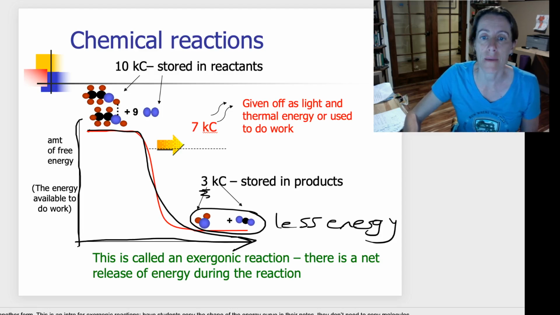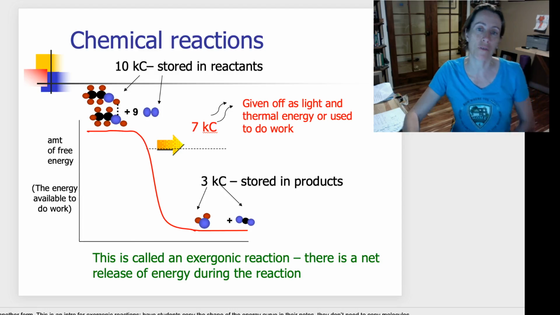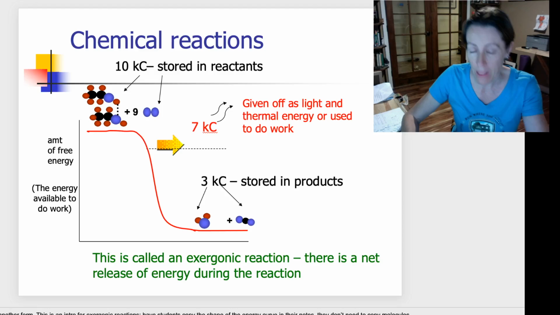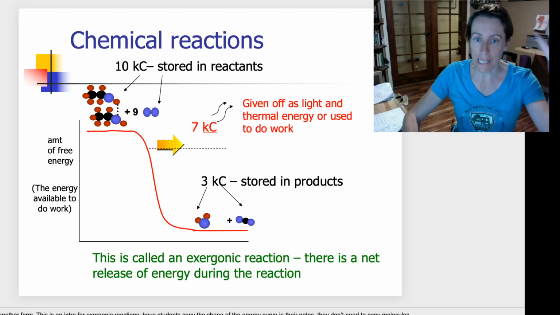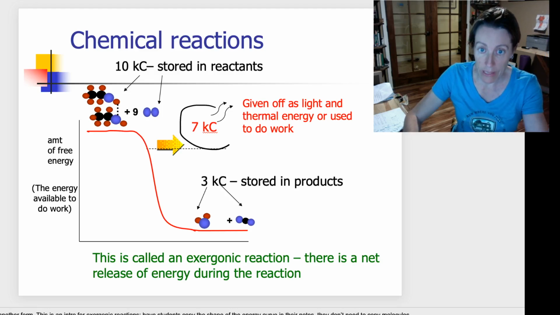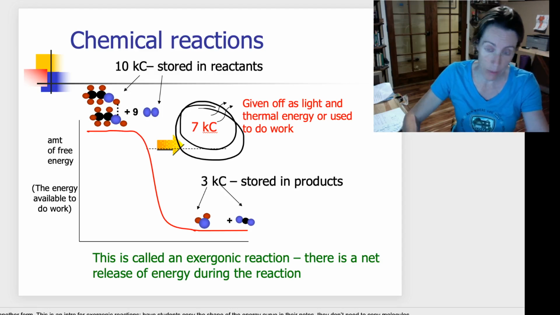So this is a chemical reaction shown on a kind of graph, or we call this an energy diagram. And in this chemical reaction, energy is released. And specifically in this example, 7 kilocalories are released. Now this is just a theoretical example. It's not 7 in real life when you burn alcohol, just using some nice round numbers.